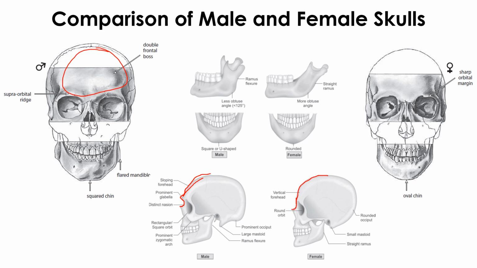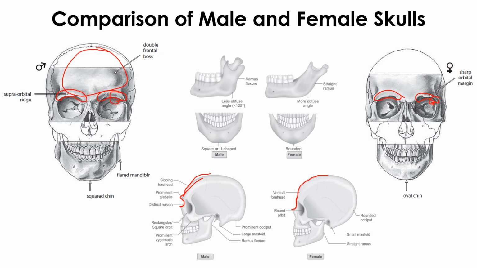Then we can see the supraorbital ridge. The supraorbital ridge is prominent in males. These are the supraorbital ridges on the upper side. For females it is not prominent, it is sharp and gives an immediate round curvature.